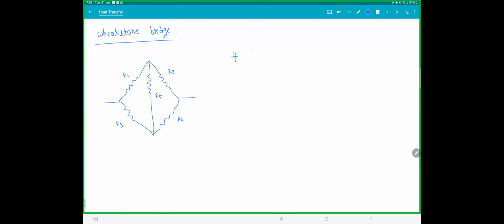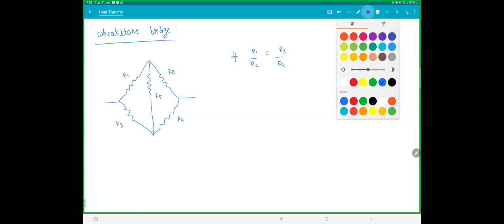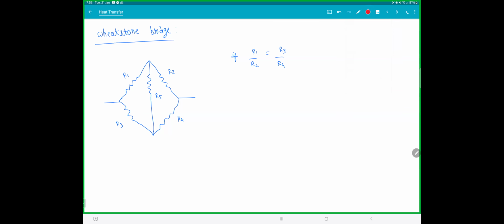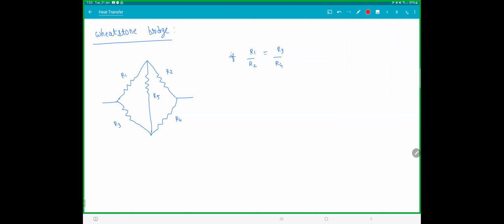Now, if R1 by R2 becomes equal to R3 by R4, now when two resistors are in series, how does the potential difference divide? Potential divides in the ratio of resistances, isn't it? So if R1 by R2 is equal to R3 by R4, can I say this point and this point will have the same potential?